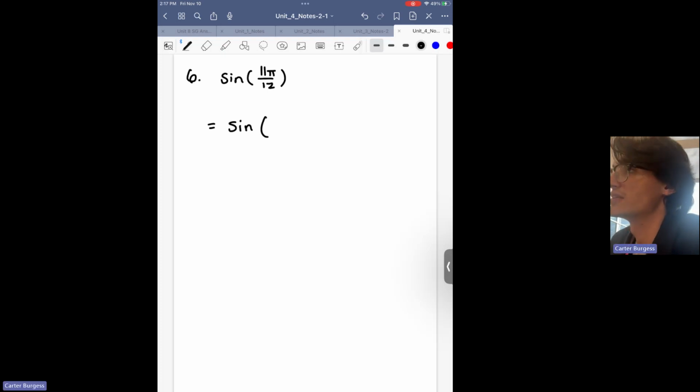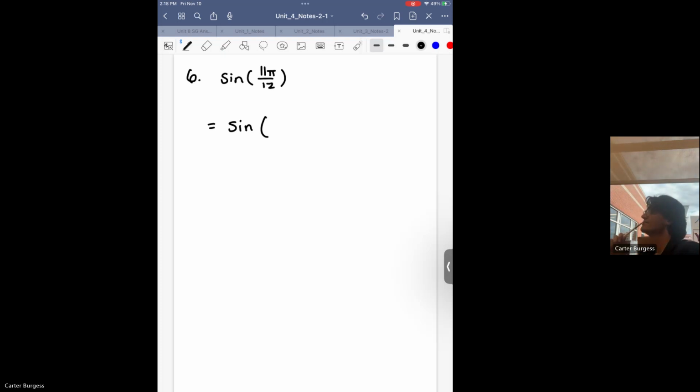What is my theta going to be here? No, that's not writing it as an angle that I know divided in half.